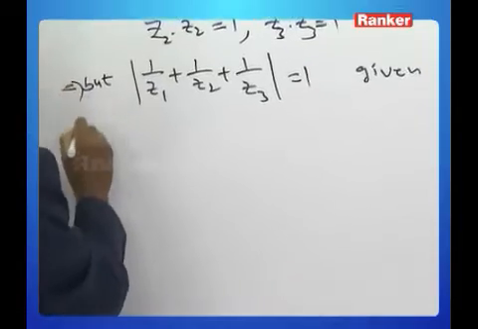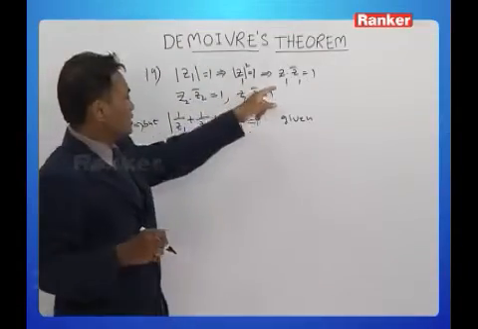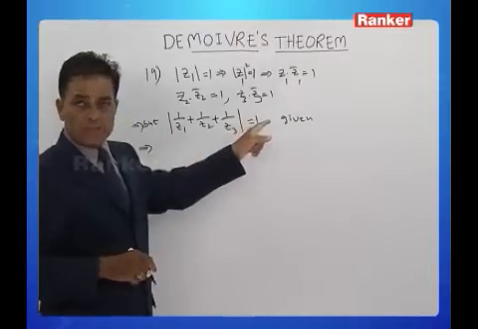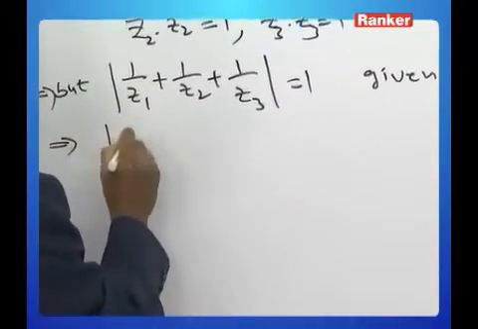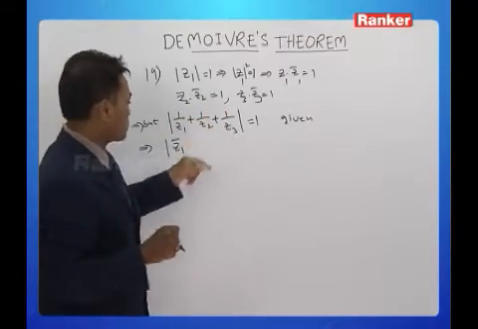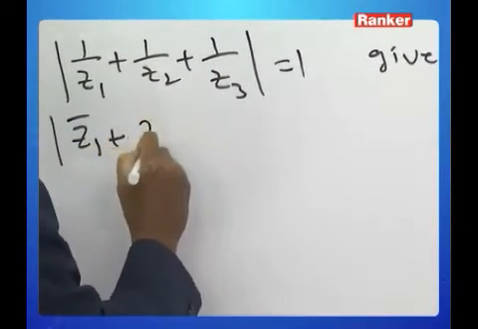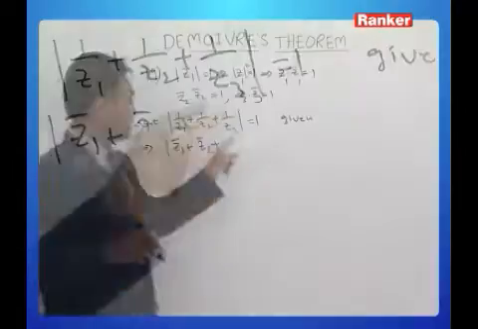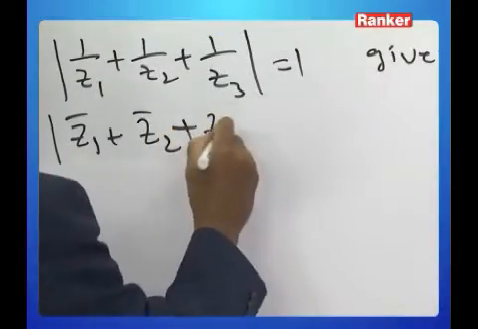Now, because Z1 into Z1 bar is 1, 1 by Z1 can be replaced with Z1 bar. Yes, right. Z2 into Z2 bar is 1, so 1 by Z2 we can write as Z2 bar. Z3 into Z3 bar is also 1, so here 1 by Z3 we can replace with Z3 bar.